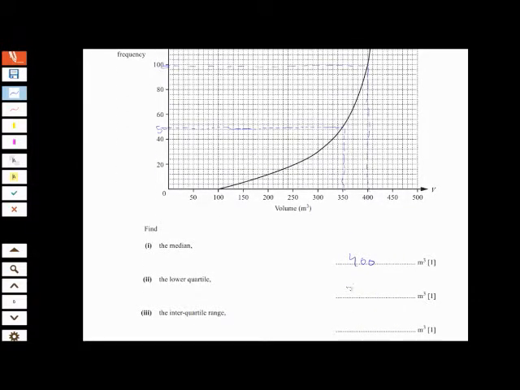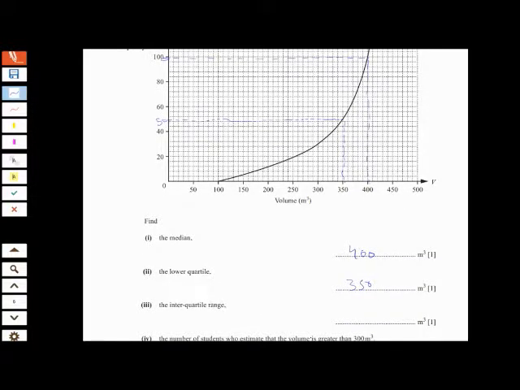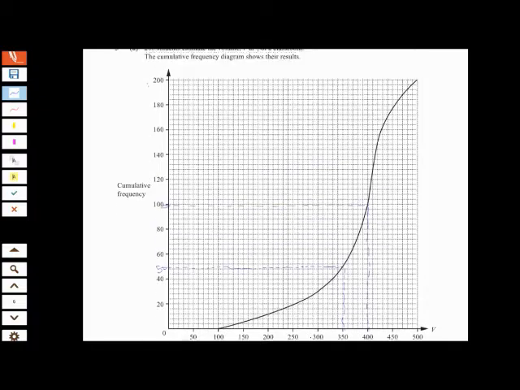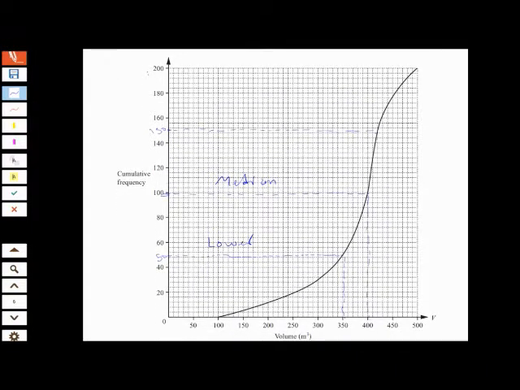And now the interquartile. What is the interquartile? It's basically the upper quartile minus the lower quartile. So we need to find the upper quartile, which is, now this one is lower, this one is the median, and now the upper is 150, which is somewhere here. 150. You draw a line. Sorry, it's not straight.